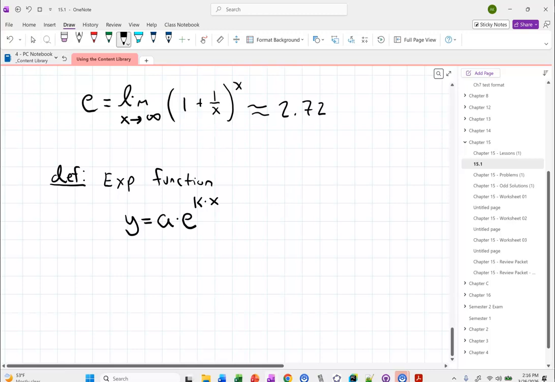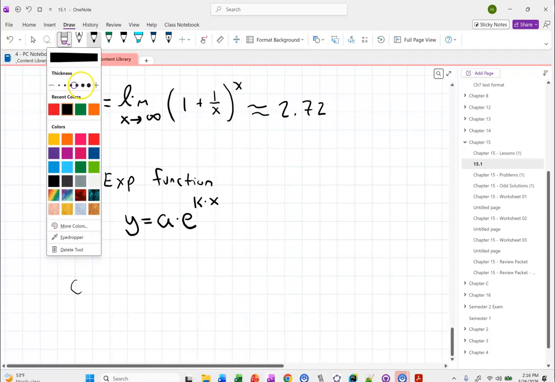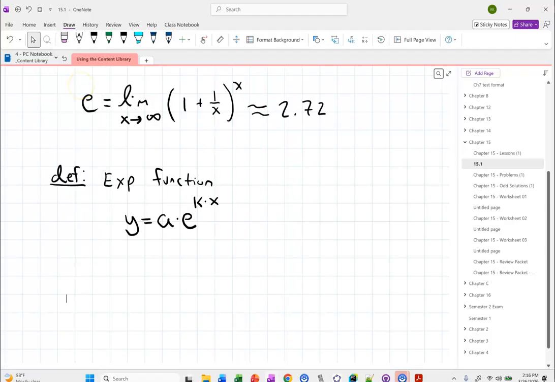So if we compare now, actually, before we do that, let's say that. So this is just another alternate way we can define this, okay?